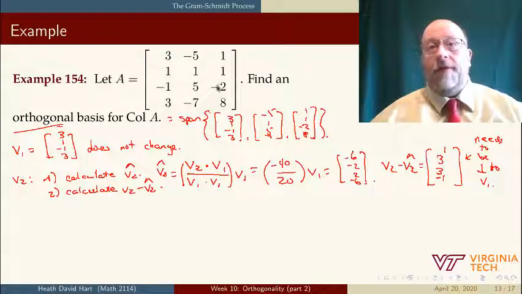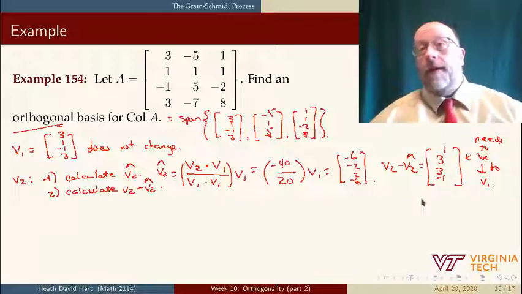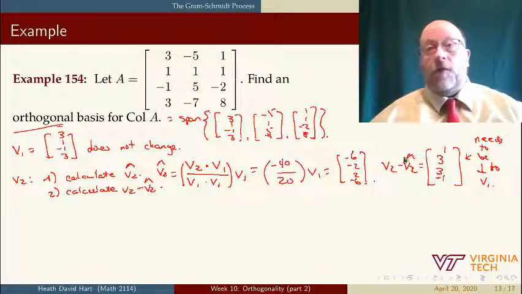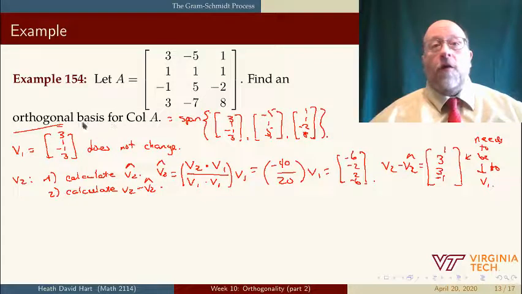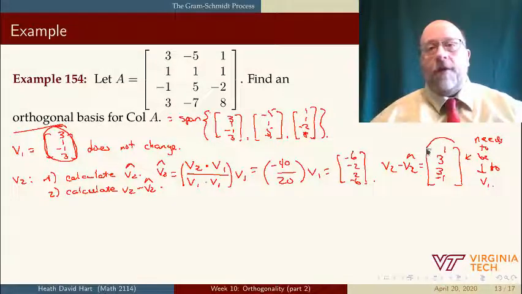That's 6. -1 times 3 is -3. 3 times -1 is -3. So we have 6 minus 6 is 0. And so these two vectors are orthogonal. So my orthogonal basis, this is my first vector, and this is the second vector in the orthogonal basis.